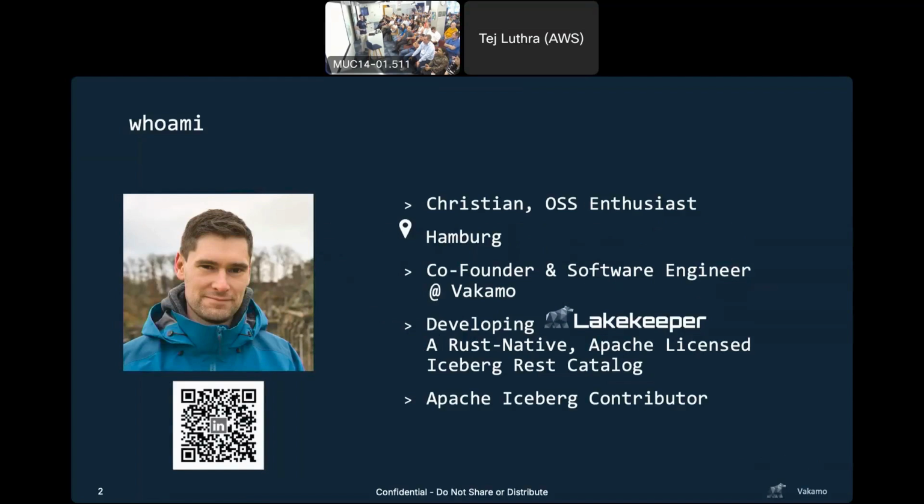Said in one word, Lakekeeper is a Rust native Apache Iceberg REST catalog. The folks who are using Iceberg probably know what it is now, the others maybe not. And I'm a contributor to Iceberg, mainly to Iceberg RS, so the Rust side of things. Also a little bit to the core project, but mainly the REST specification.